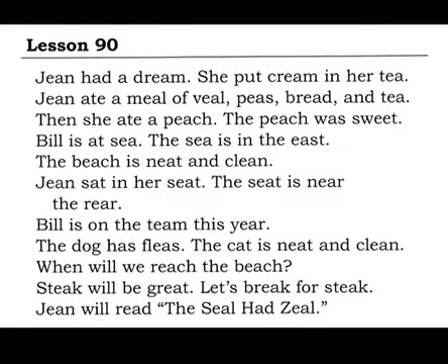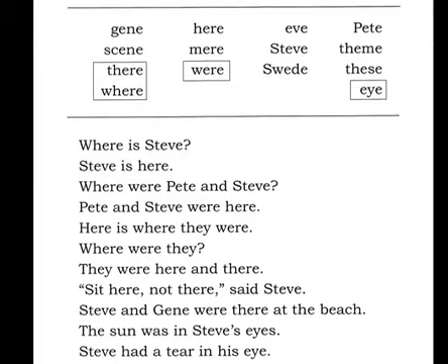And of course in Lesson 90, we use all of the irregular words plus the regular EA words in sentences. Now in Lesson 91, we take up a third way of spelling long E. E consonant E, as in such words as gene or seen or here or Eve or Steve or these or Pete.